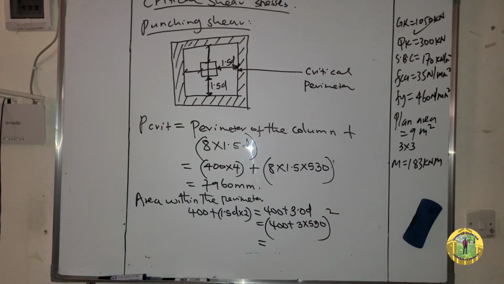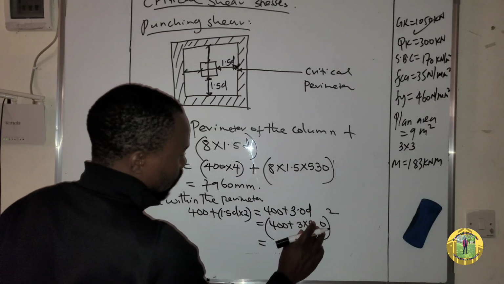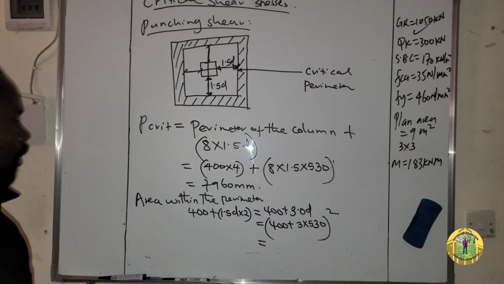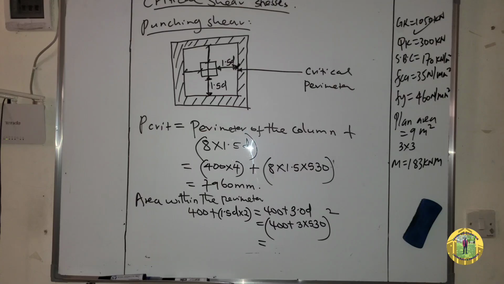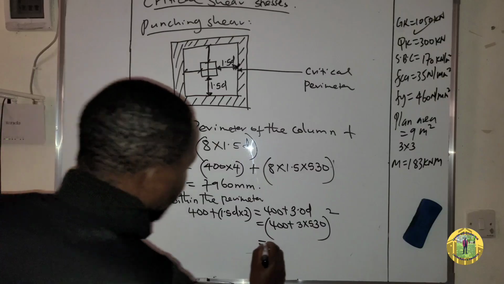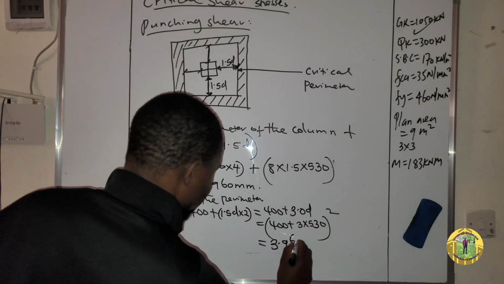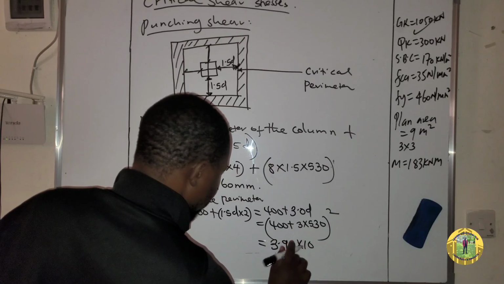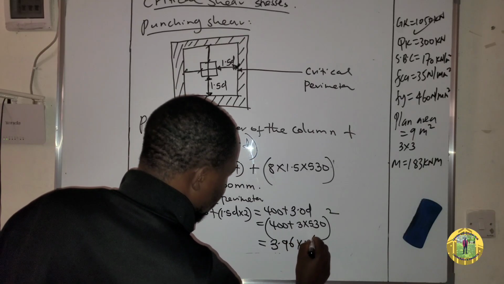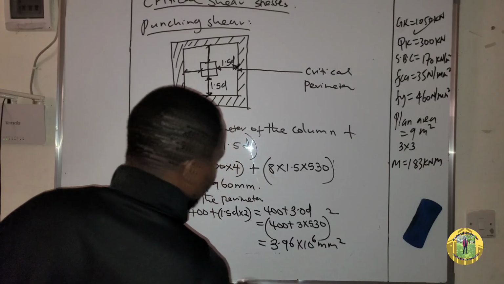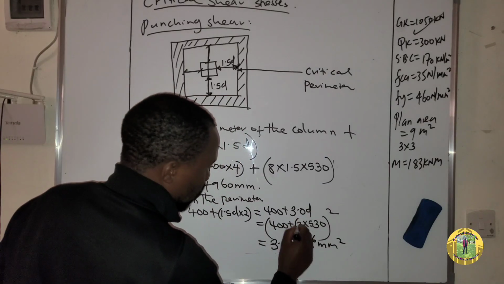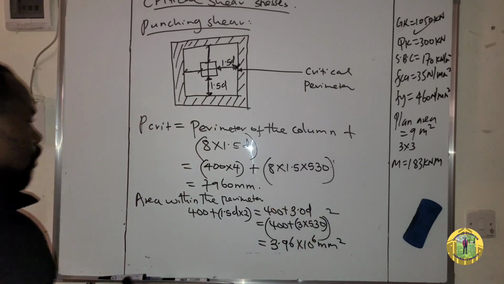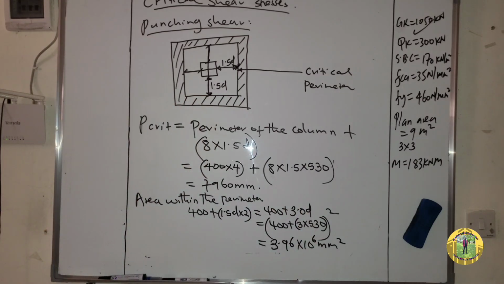So answer is equal to 3.96 times 10 raised to power 6 millimeter square. So that is the area within the perimeter.